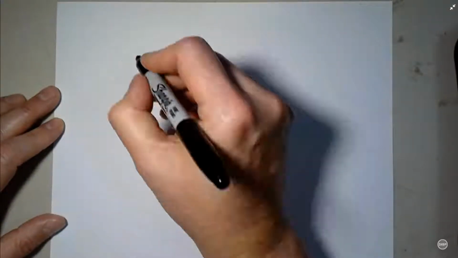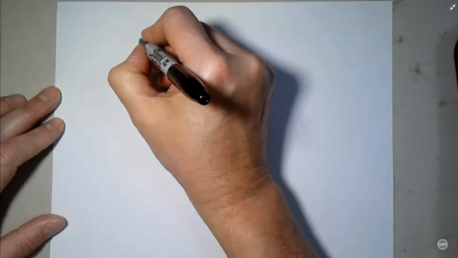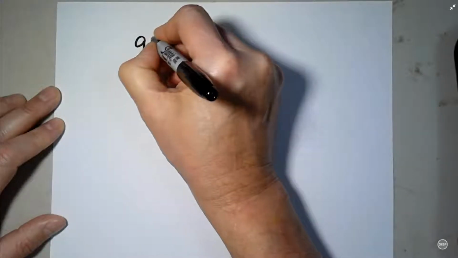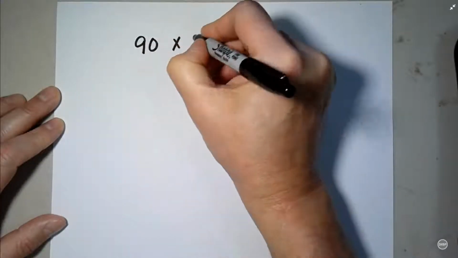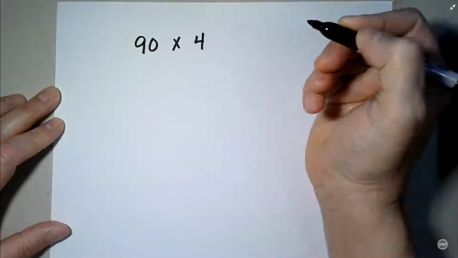Okay, before we move on, I want to do a quick review of multiplying numbers that are multiples of 10, because that's going to be an important skill that we're going to have if we're going to be successful with division. Okay, so let's take a look at this one. Let's do 90 times 4.